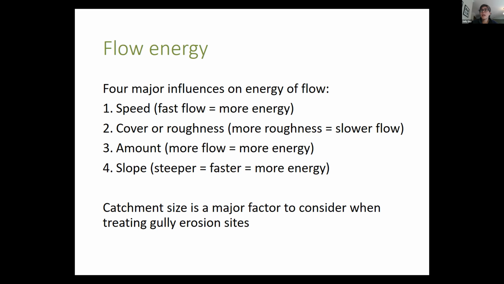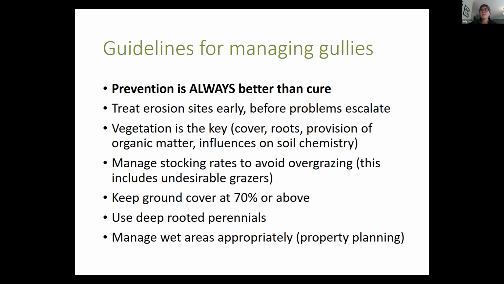Catchment size is a big factor to consider when we're treating these sites. If we're in a really small catchment, we can get away with a small little structure or some bales of lucerne that might treat it, and that might be enough. As we get bigger catchments, our volume of flow gets greater, and our risk of damage and erosion goes up a lot. That's when we need to start looking at more robust solutions.